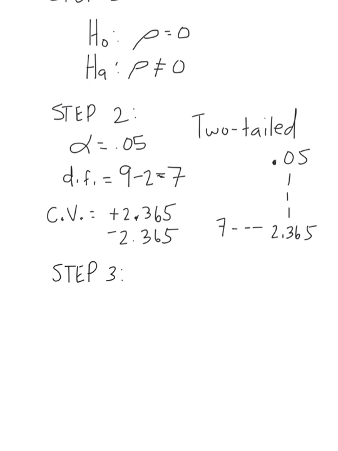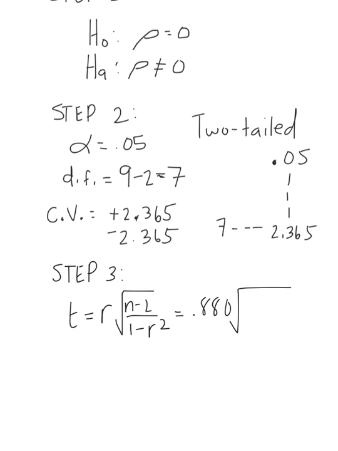For step 3, we're going to compute the test value. Our formula is t equals r times the square root of n minus 2 divided by 1 minus r squared. Which is equal to 0.880 times the square root of 9 minus 2 over 1 minus 0.880 squared.